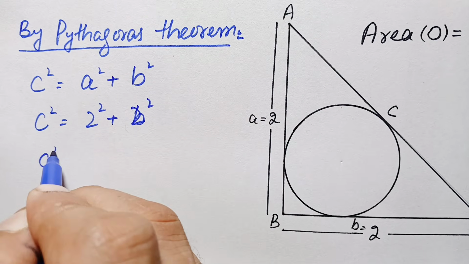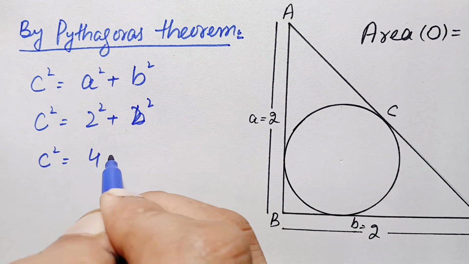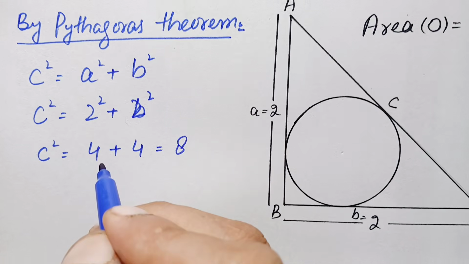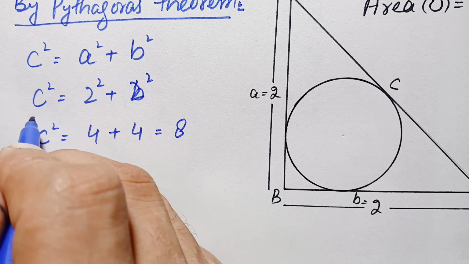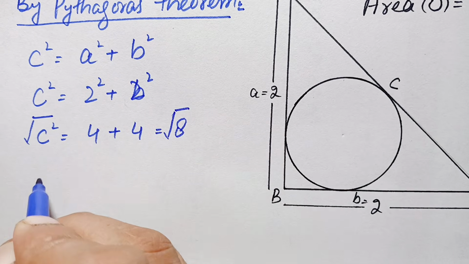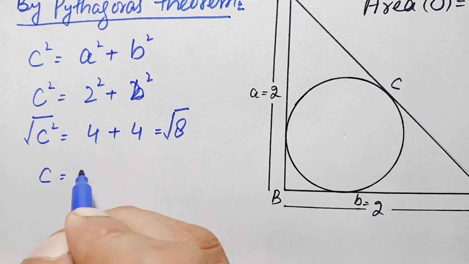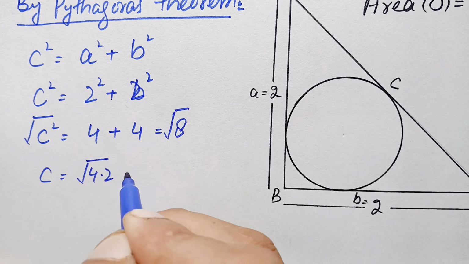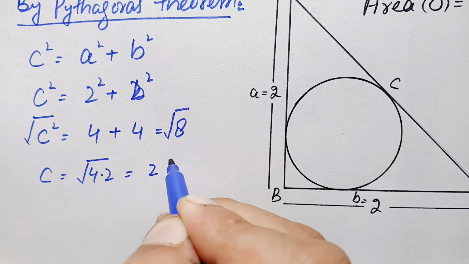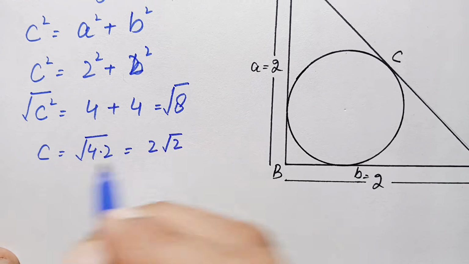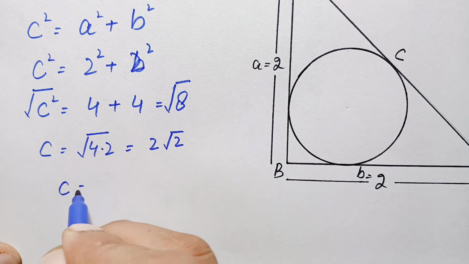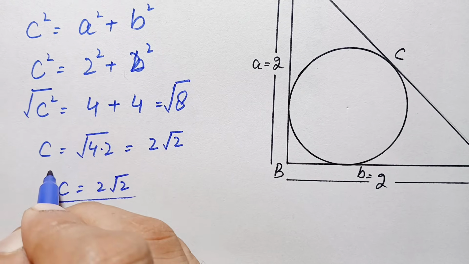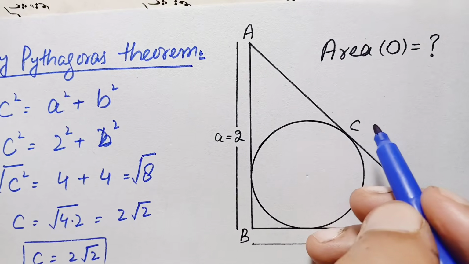So c square is equal to 4 plus 4, which is 8. Here we will take square root on both sides. So the value of c will become, we can write the square root of 8 as the square root of 4 times 2. The square root of 4 is simply 2, so we get 2 times square root of 2. Therefore the value of c is 2 times square root of 2, and this is the length of the third side.